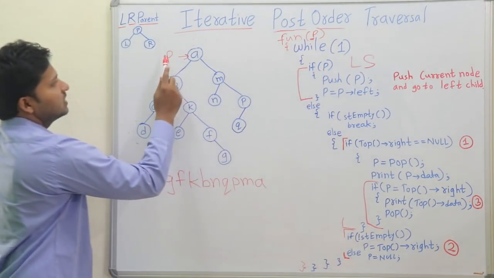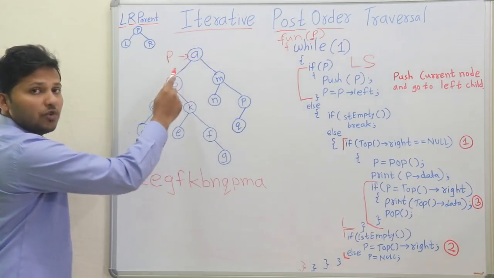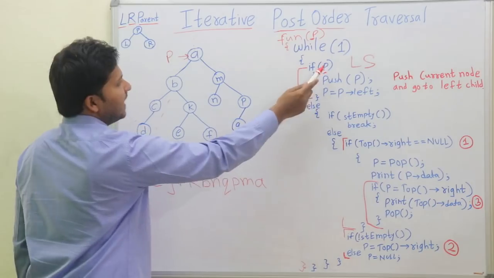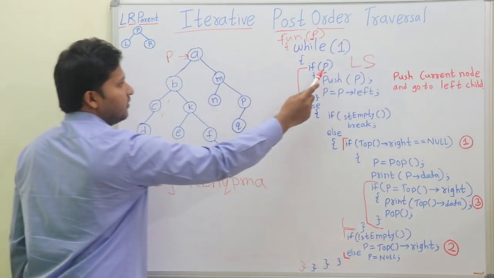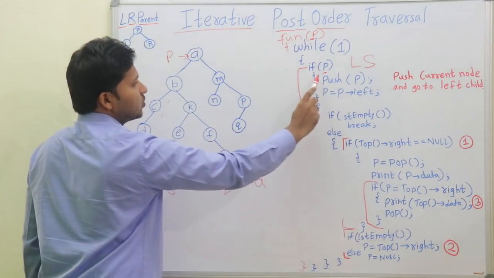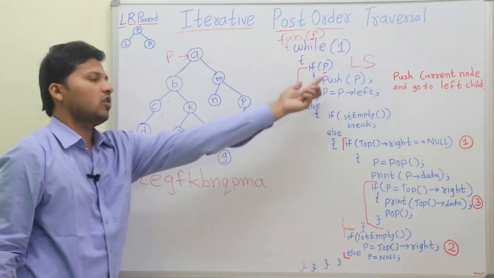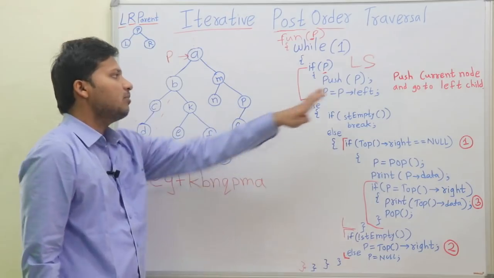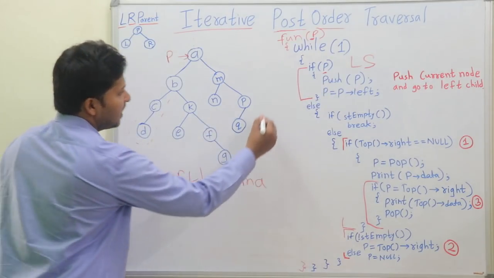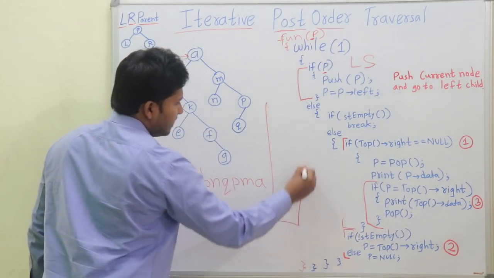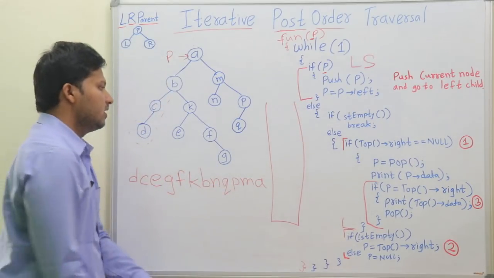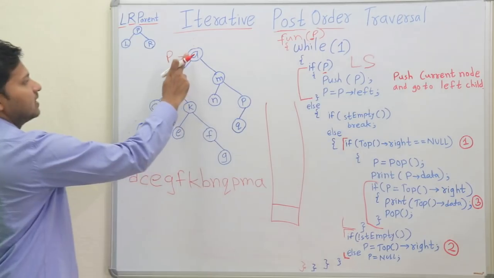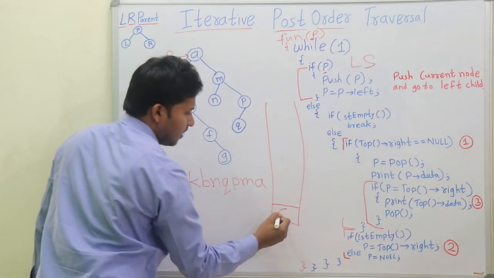Now let's check here. At first P points to the root of the binary tree. So this condition is satisfied because P exists here. So if P is true, we will go inside this if block. Now push P. By the command push, you must know that we are going to use a stack here. Inside this stack you have to push the current node.